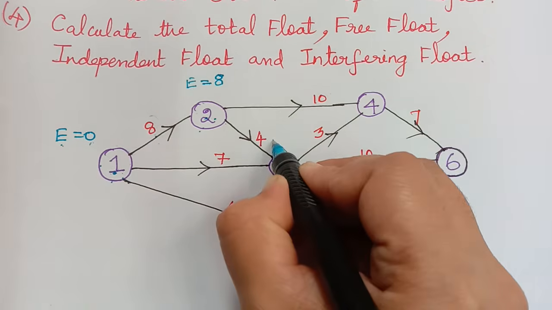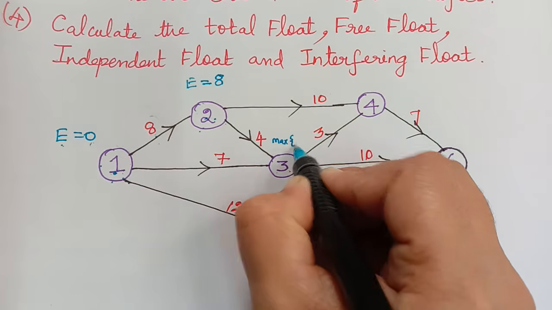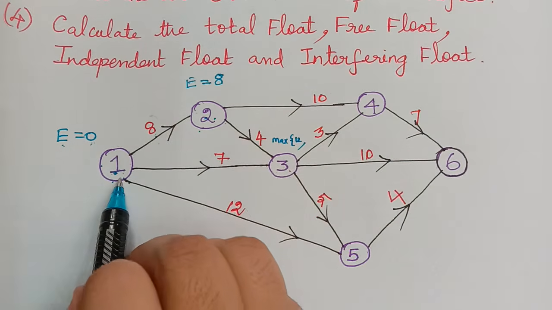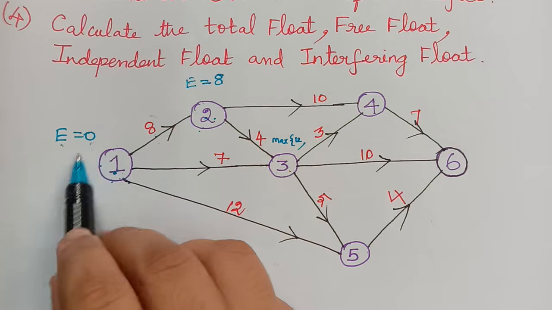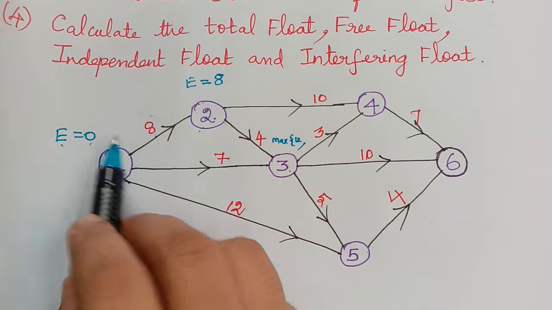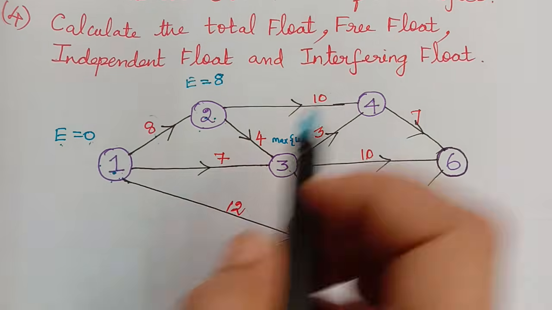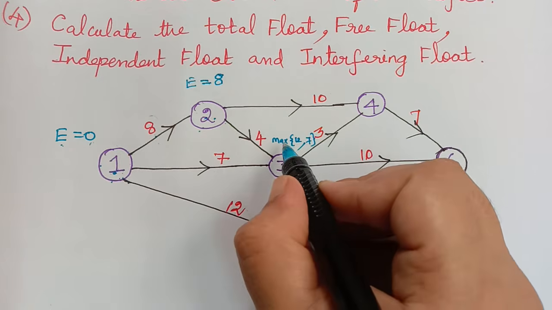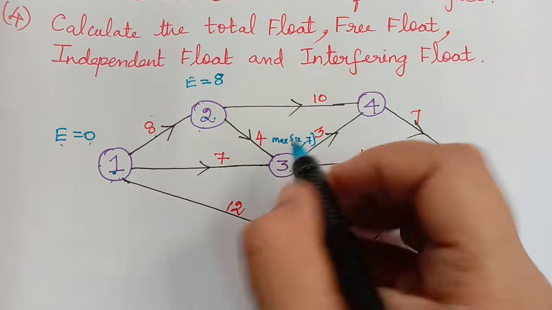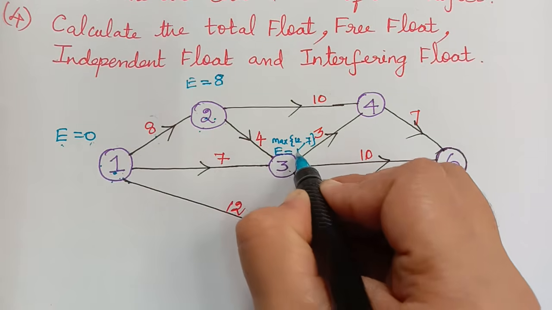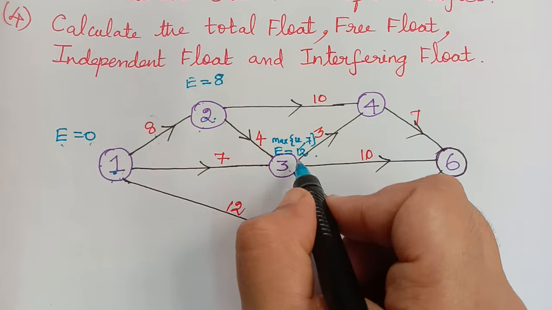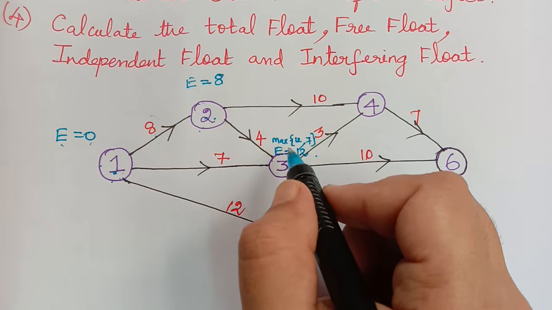So we choose the maximum of 12, comma, and here the value of E is 0, so 0 plus 7 is 7. So 12 and 7 we have, and the maximum of these two is E equals 12. So the value of E is 12 for event 3.